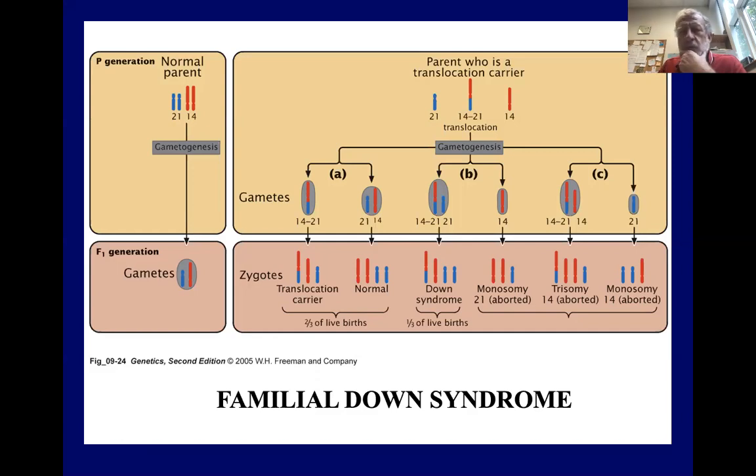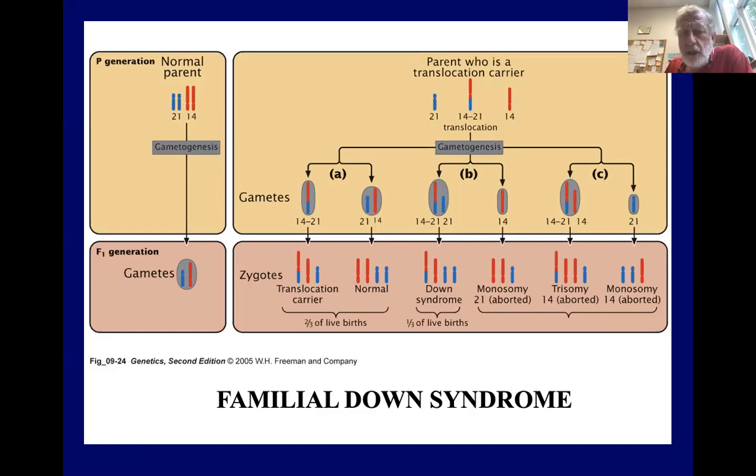When they go through meiosis, they can produce gametes that have that 14;21 translocation, normal gametes, gametes that have the translocated chromosome and 21, gametes with just chromosome 14, gametes with just chromosome 21, and then gametes with the translocation and 14.